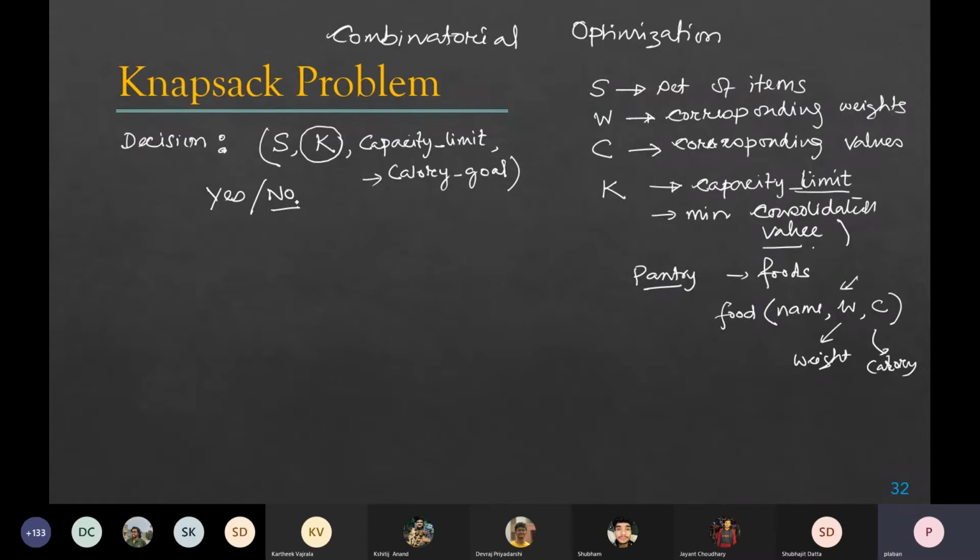So let us try to formalize it a little bit. You have K, and K is a subset of S, right? And what do you want to have as constraints? As a constraint, for all the items i belonging to K, the sum of Wi should be less than or equal to your capacity limit.